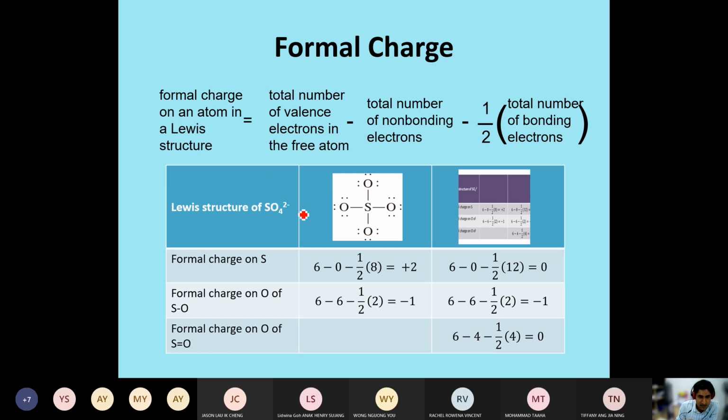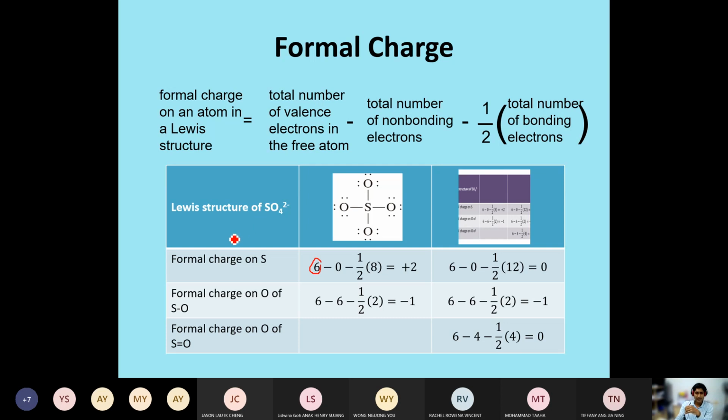For sulfate, when there are no double bonds between sulfur and oxygen, we can calculate the formal charge. Sulfur is from group 6A, and we know that it has 6 valence electrons. Normally it has 6 valence electrons, right? So for these cases, sulfur will have a 6, that is the total valence electrons from the periodic table.